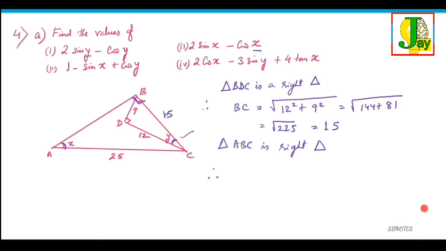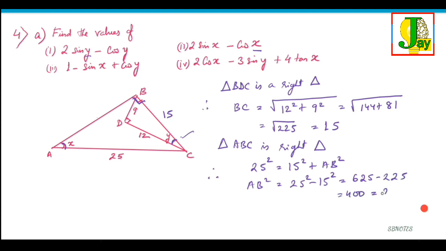So 25 square equals 15 square plus AB square. So AB square equals 25 square minus 15 square, that's 625 minus 225, that's 400, and that's 20 square. So AB equals 20.